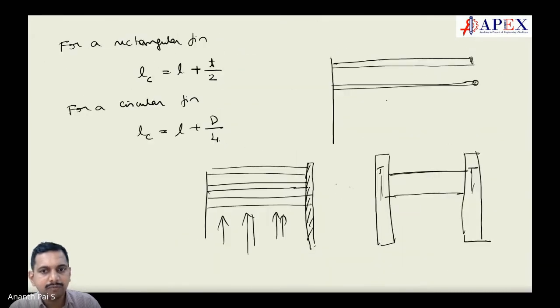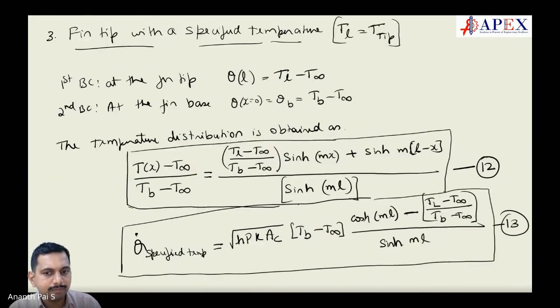If you see the formula, observe. You multiply by T_B minus T infinity. So T_B and T infinity cancel here. So what is T_L minus T infinity? And here you will get T_B minus T infinity. So one is at the base, the other one is at the other end. Good enough? Remember these things, okay?